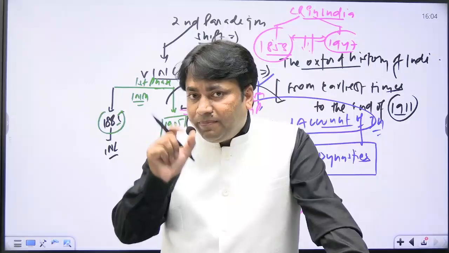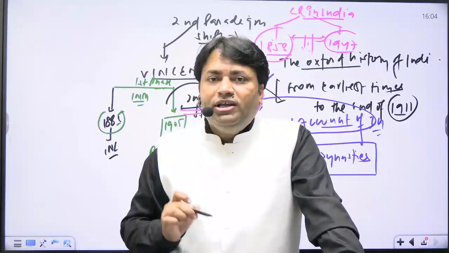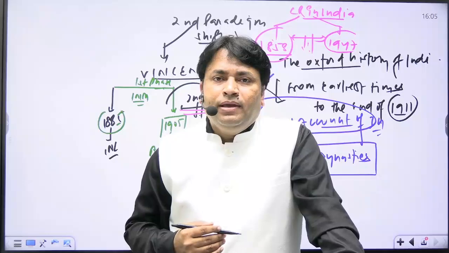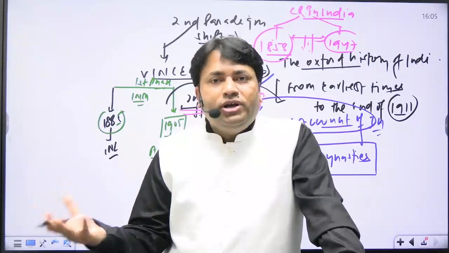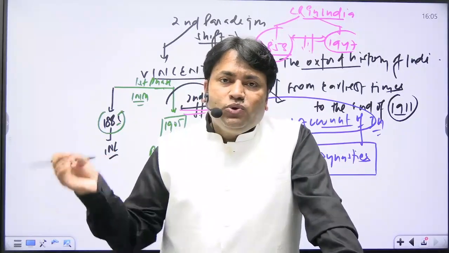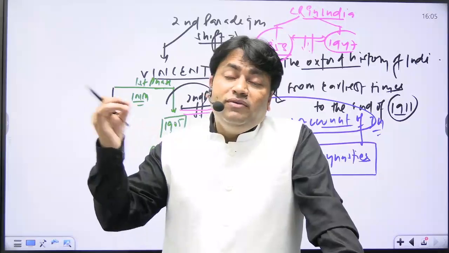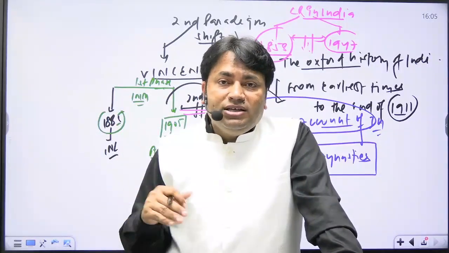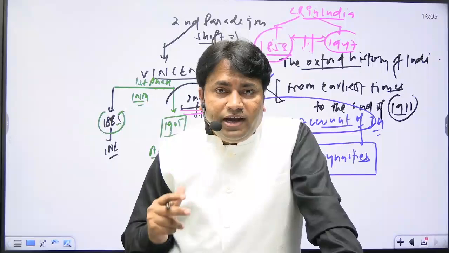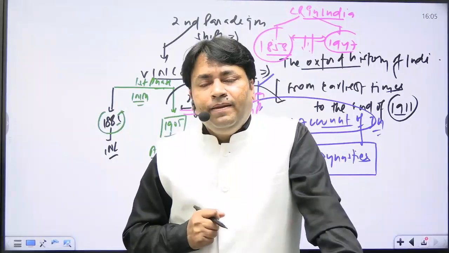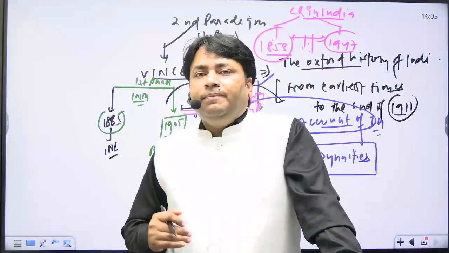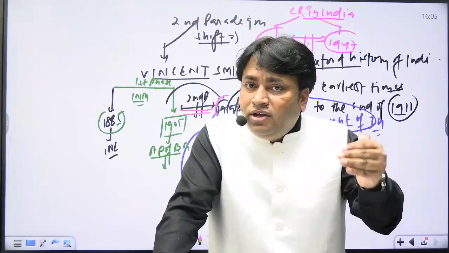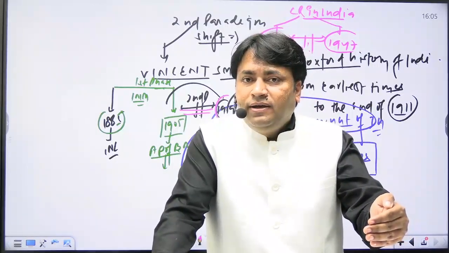The same thing now: British authorities in India are trying to develop a class of supporters who will always advocate for the presence of British rule in India, and this class could be the class of native rulers. So they are also at the same time trying to take the help and support of native rulers, right? So this all is happening.